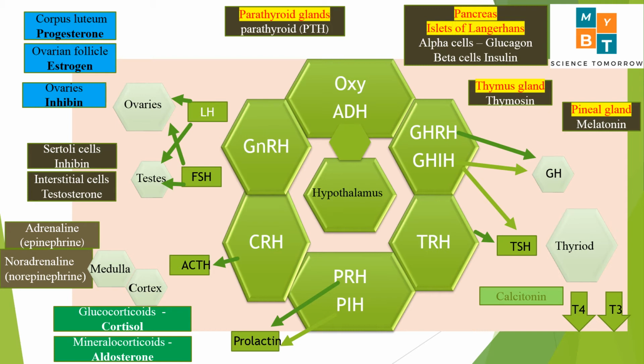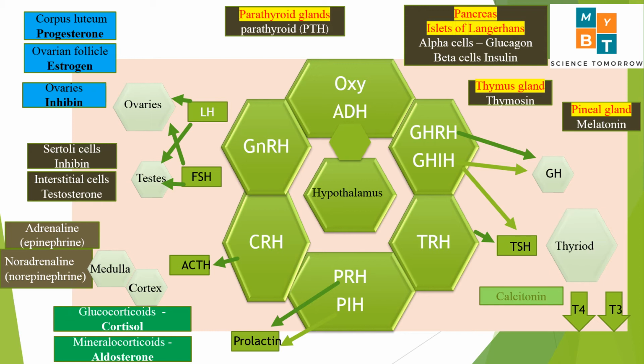Prolactin is not a releasing hormone. So prolactin releasing hormone from the hypothalamus will act on the anterior pituitary and release prolactin, and prolactin inhibitory hormone will inhibit prolactin from the anterior pituitary.